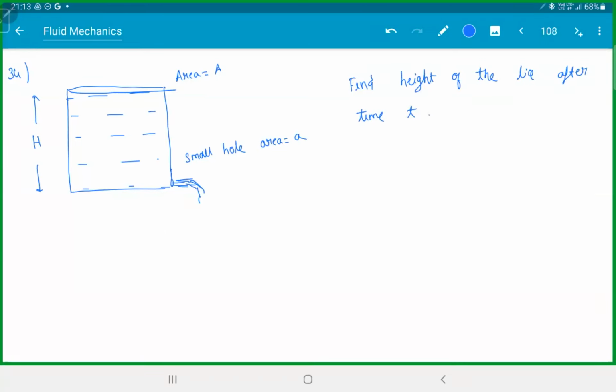Upper half will leave fast, second half will go slow, right? How will you find the time, people? Find the height as a function of time t. Get it? All these are standard models and good ones. Try it and I'll give you a minute.